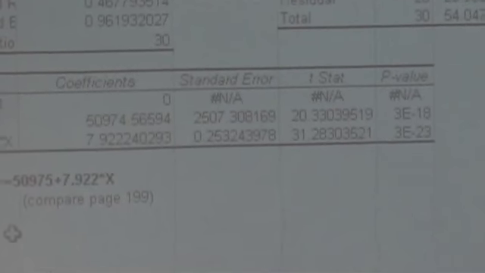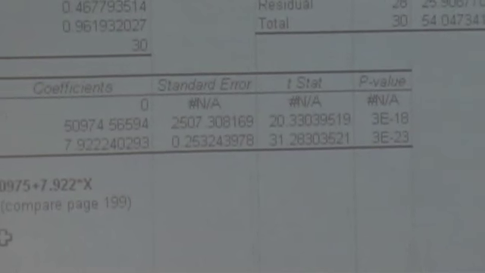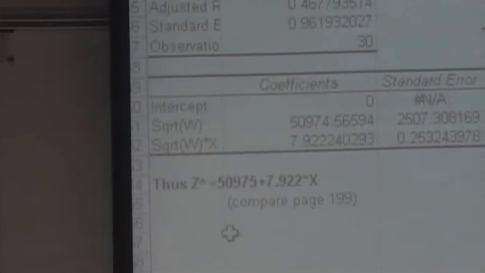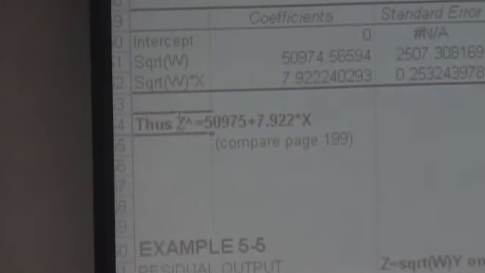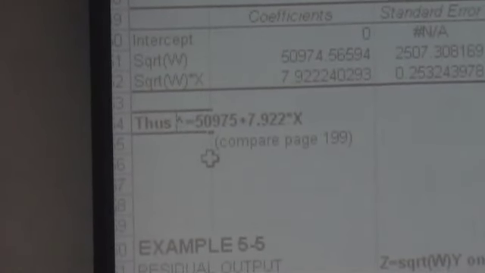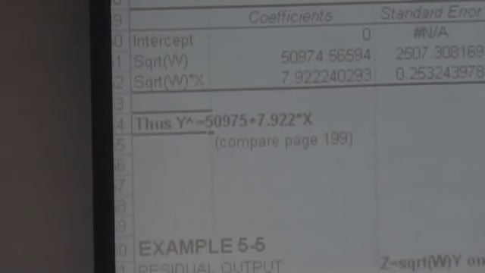Why do I have Z hat? That should be actually Y hat. This should not be a Z hat. This should be a Y hat. Okay? I don't know what I did here.